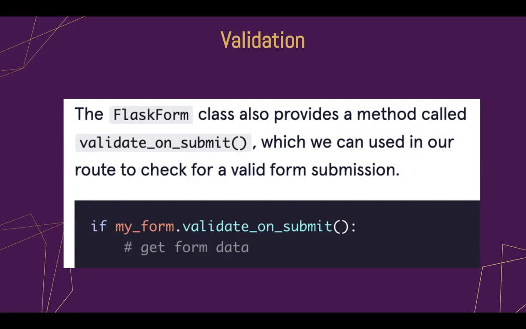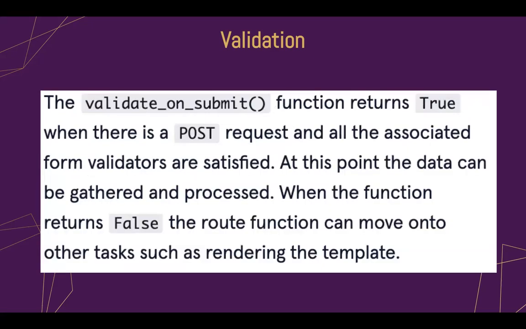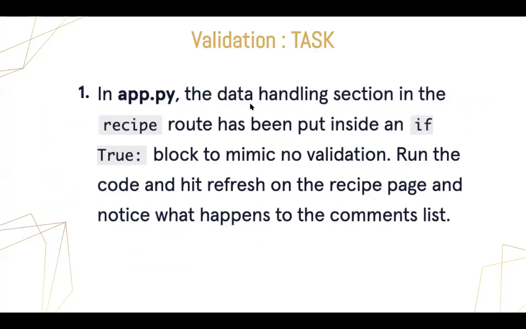And I think it's pretty easy to use. So you say, if my form validates on submit is true, meaning everything required is done, then process the data. And as I said, validate on submit basically returns true when there's an actual post request, not just an empty string or something.